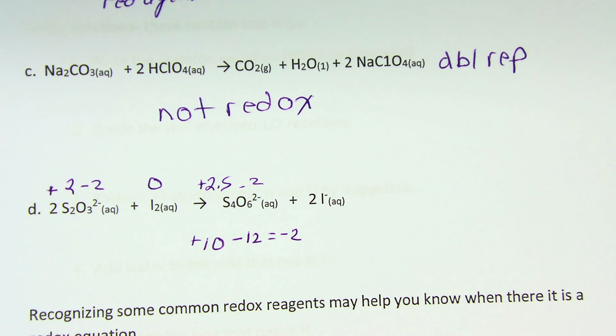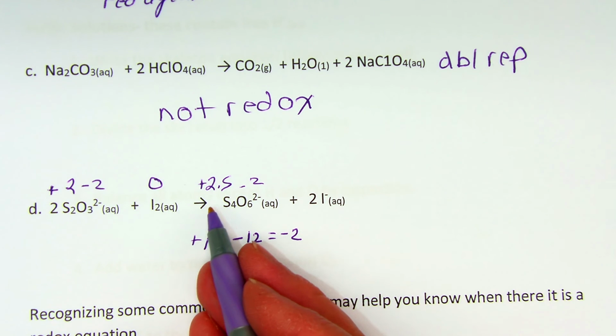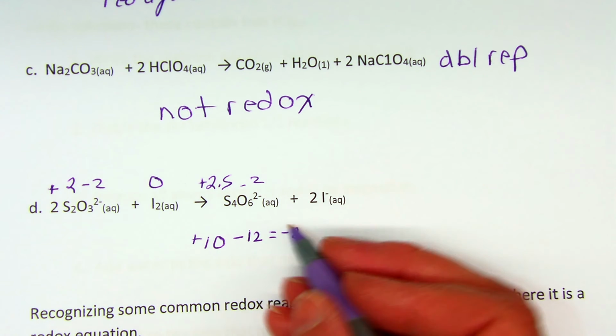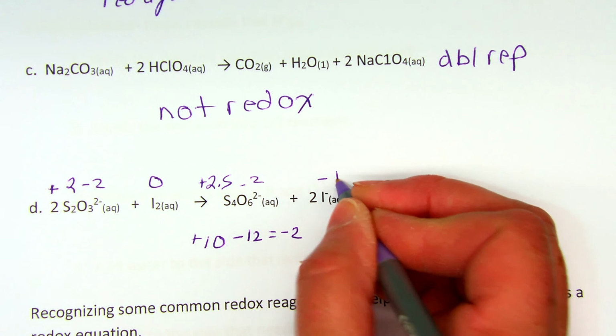A lot of my students are like, what's this, a half? You can't have a half. Sure you can, because this is an apparent charge. It's not a real charge. It's an apparent charge, so it's okay. Because it can appear that you're owning half an electron if you're sharing it, okay? And iodide here is -1.